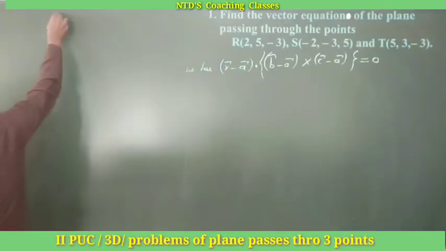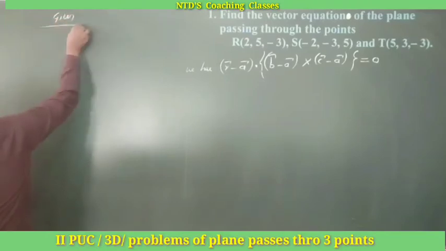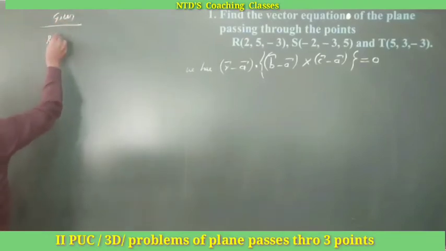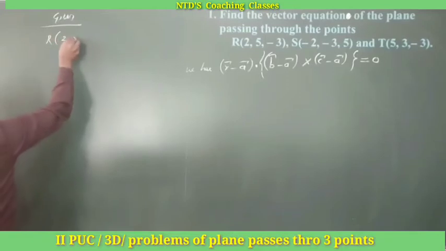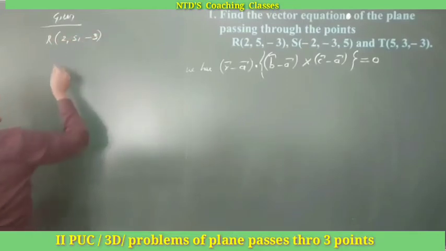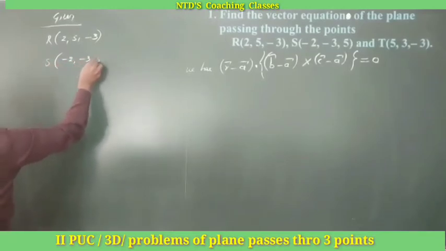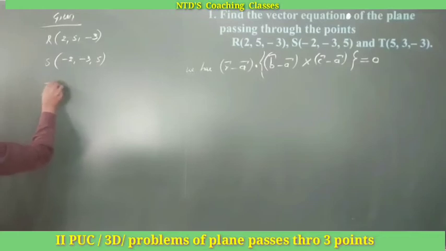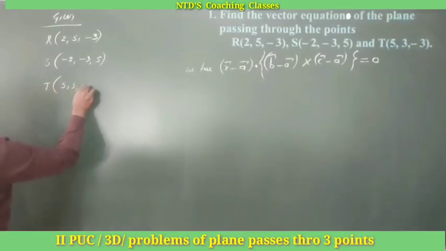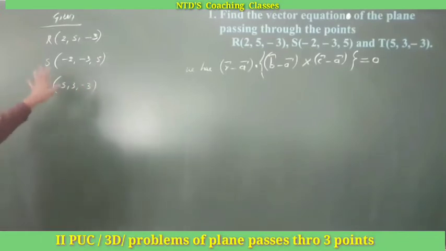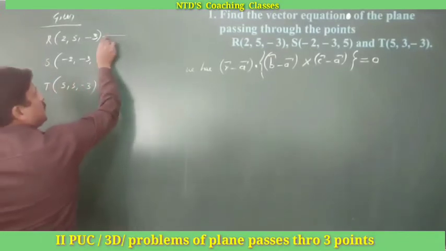The given first point R is 2, 5, minus 3. S is minus 2, minus 3, 5. The third point T is 5, 3, minus 3. Every point has a position vector.